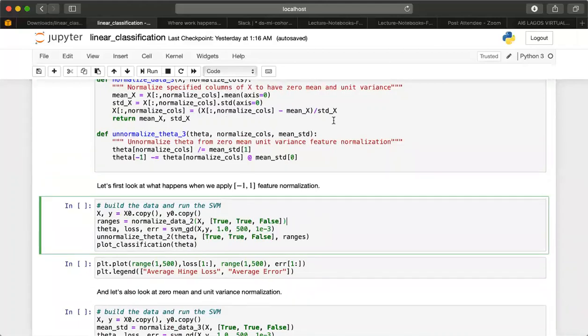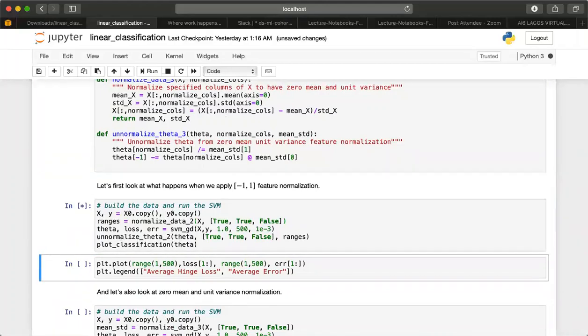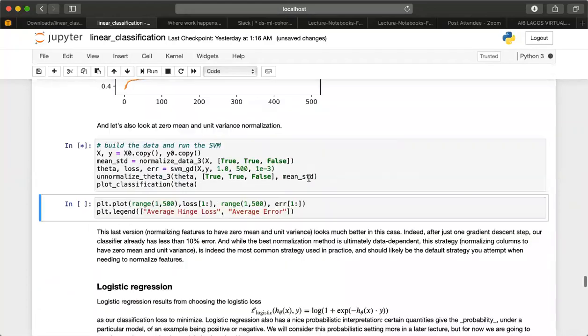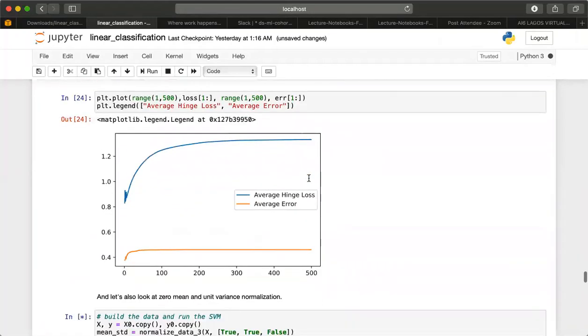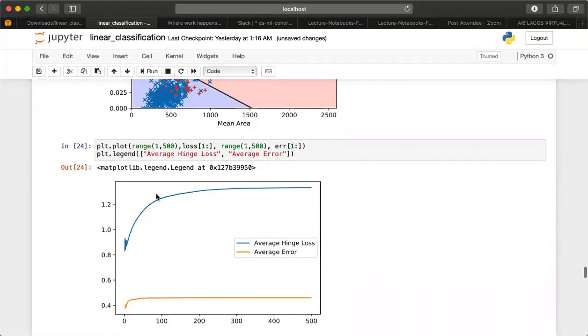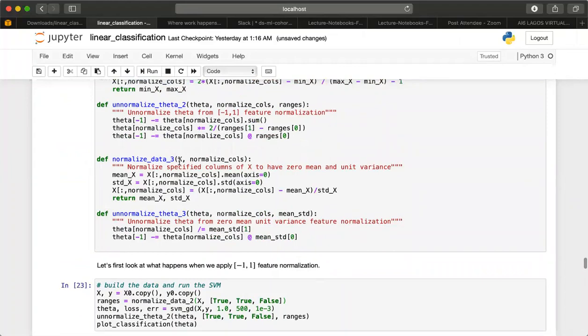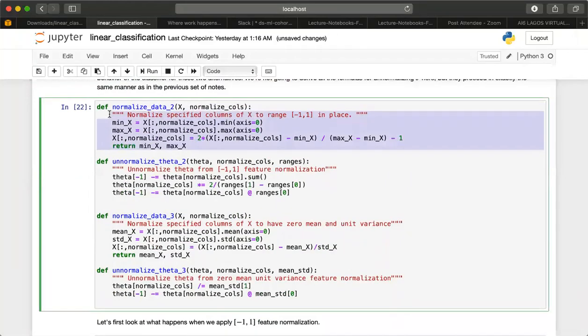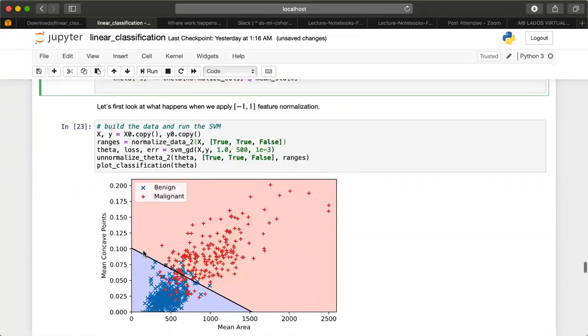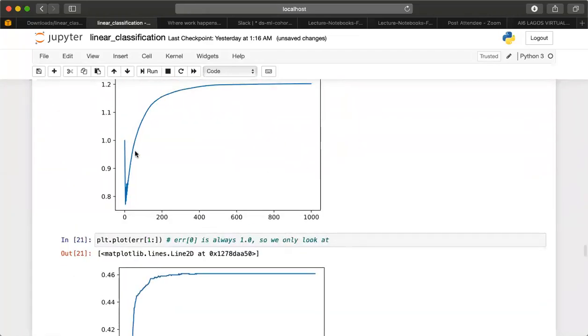And over here, we can see the behavior. You would notice that the behavior of this particular normalization is kind of different from this one.